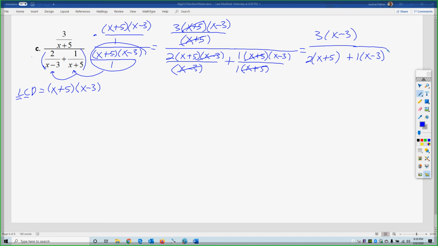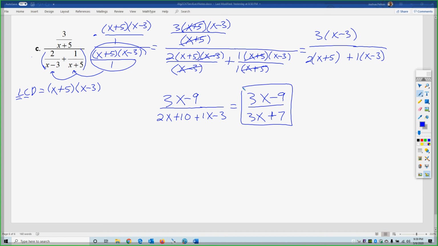So if we do out the math now, we will get 3x minus 9 over 2x plus 10 plus 1x minus 3, which is 3x minus 9 over, let's see, 3x for the 1x and 10 minus 3 gives me 7, which don't cancel each other, so that's the final term, where x cannot equal, so go back to the original.